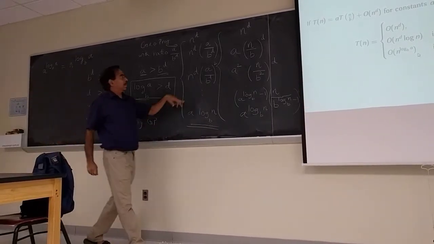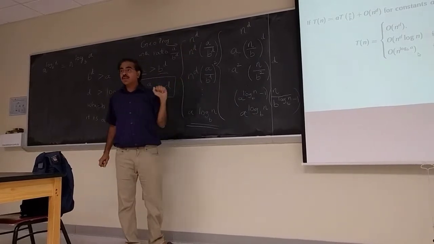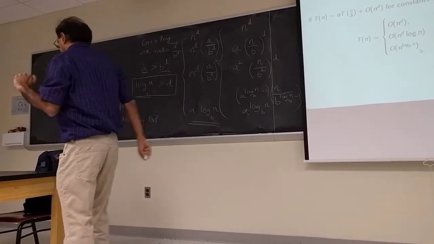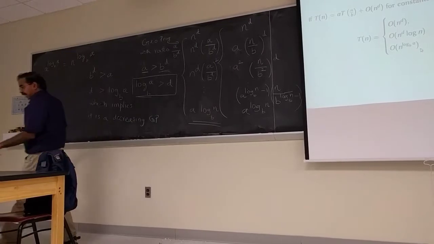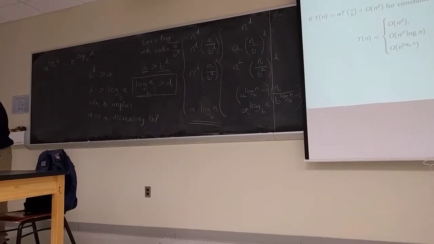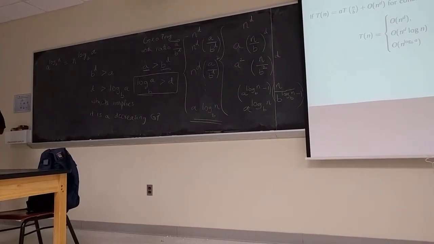So in a decreasing geometric progression, it is the first term that's going to dominate, right? And that's why the Master Theorem says that if d is greater than log_b a, then your answer is n to the power d.